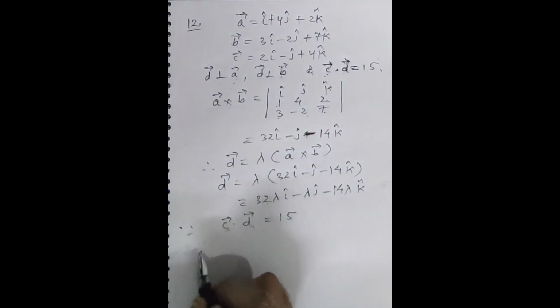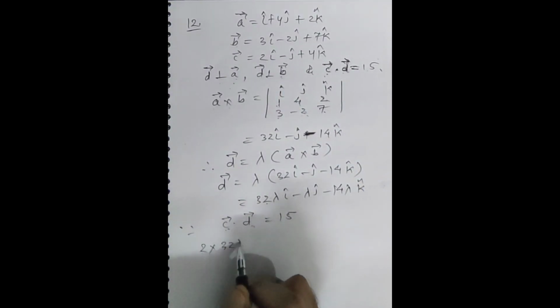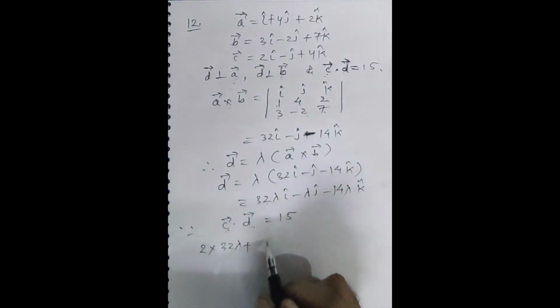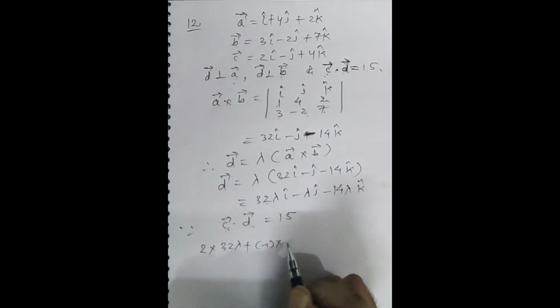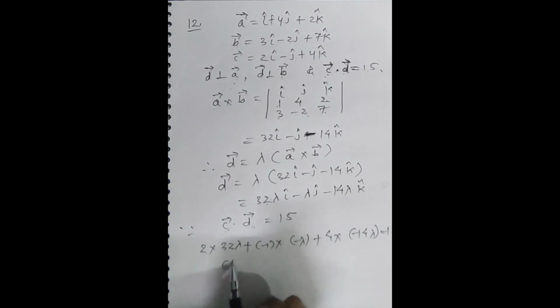So c, it is 2 multiplied by 32 lambda, plus minus 1 multiplied by minus lambda, plus 4 into minus 14 lambda, is equal to 15. Solving, 64 lambda plus lambda, minus 56 lambda, equal to 15.